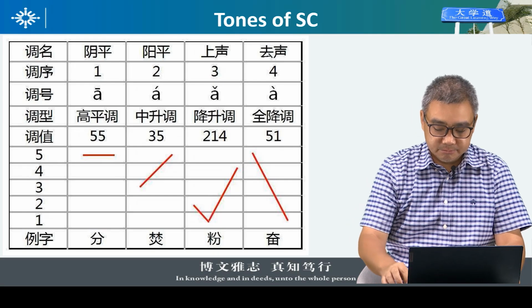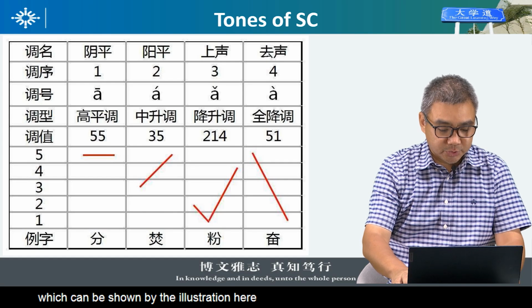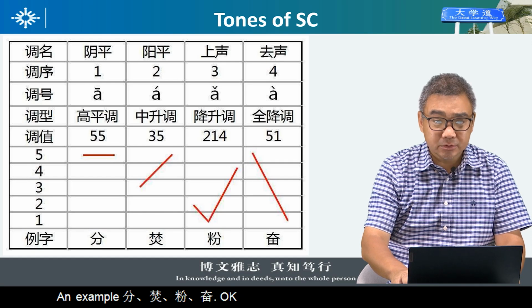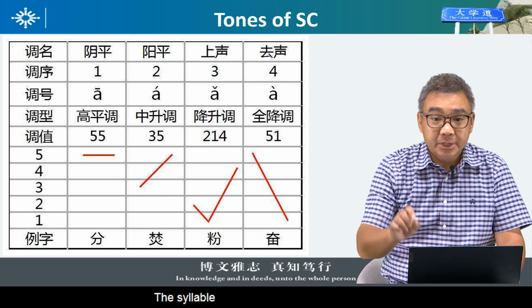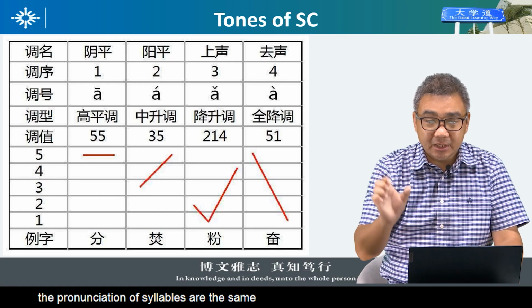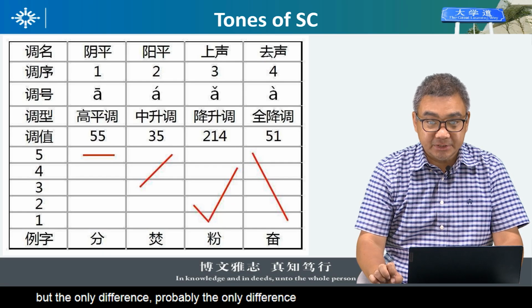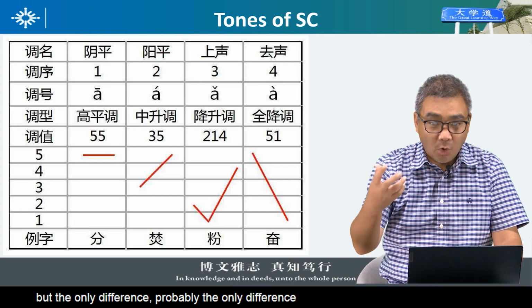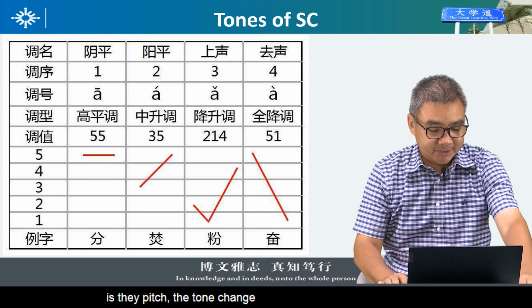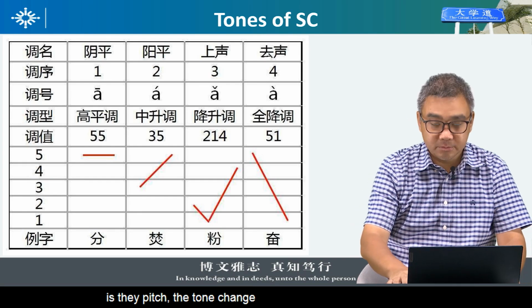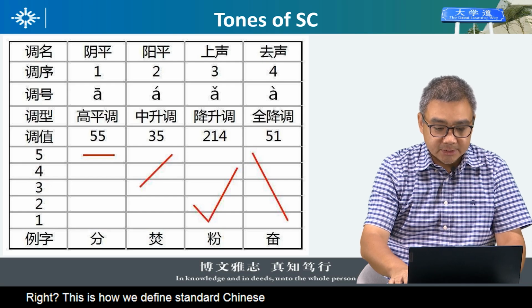The changes can be shown by the illustration here. An example is 分, 分, 分, 分. The pronunciation of the syllables is the same, but the only difference is the pitch, the tone change, right?